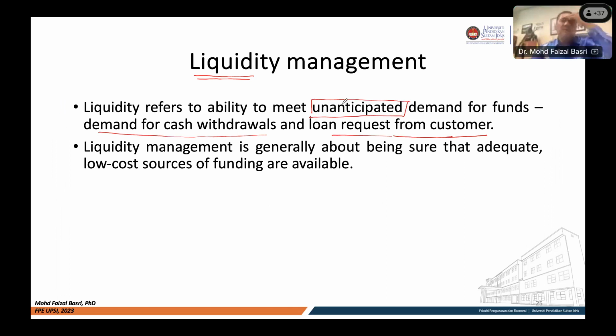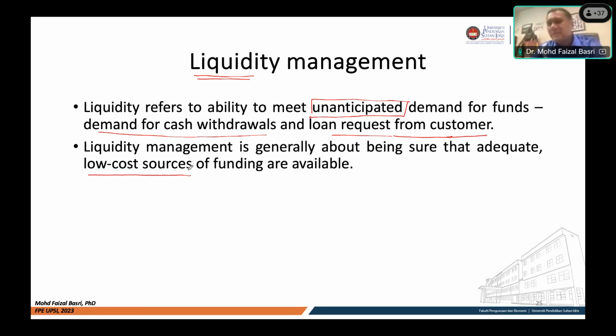So liquidity management is generally about being sure that there are enough, or adequate, low-cost sources of funding always available. Besides being able to easily liquidate our own assets, sometimes we need to ensure that if we cannot get our own money, we can borrow money from low-cost sources.